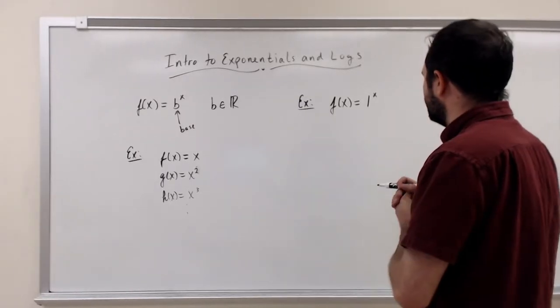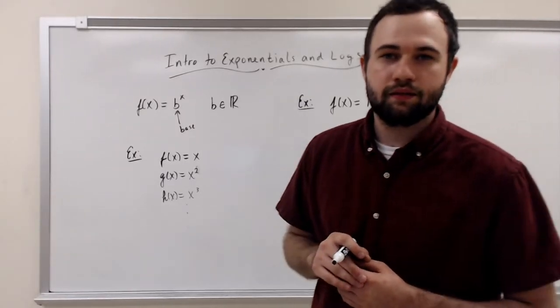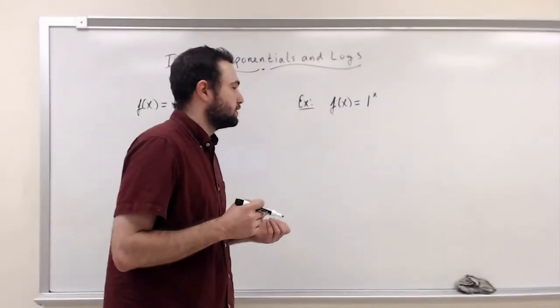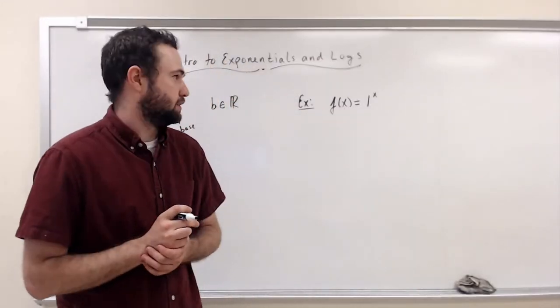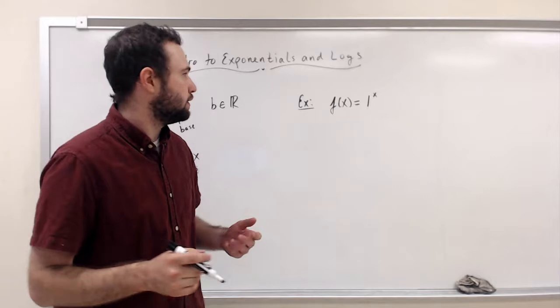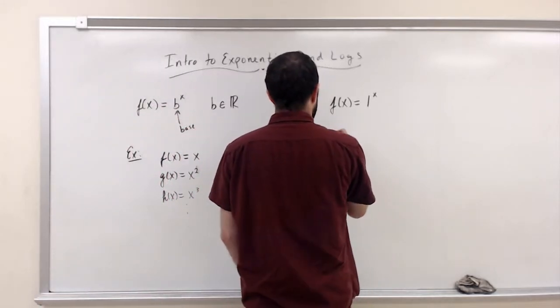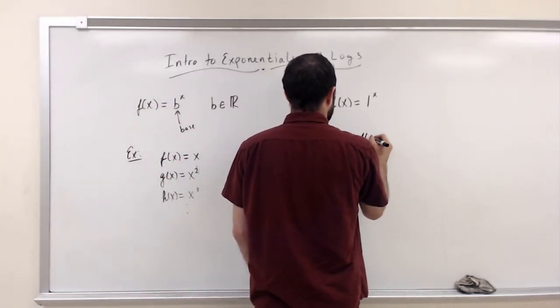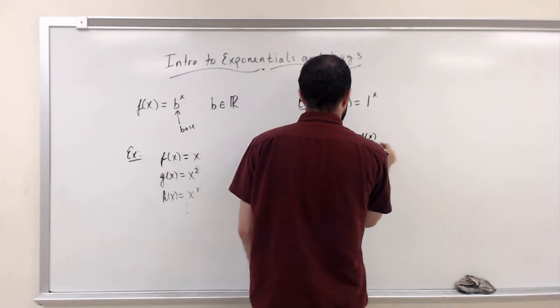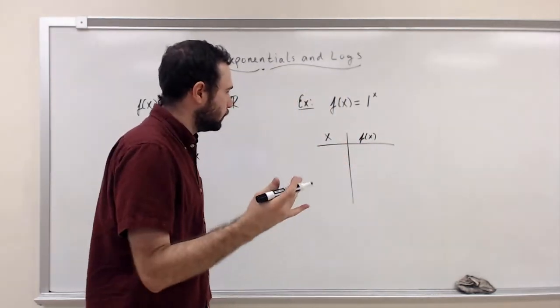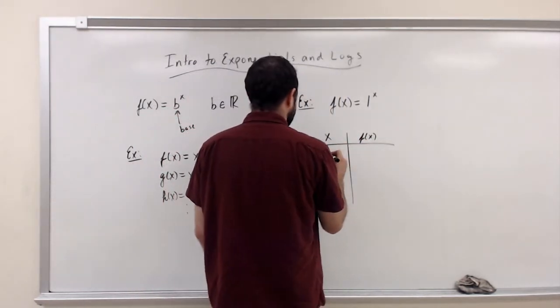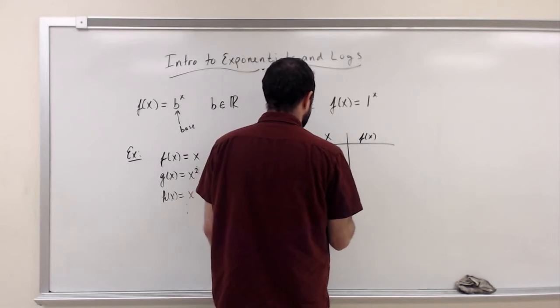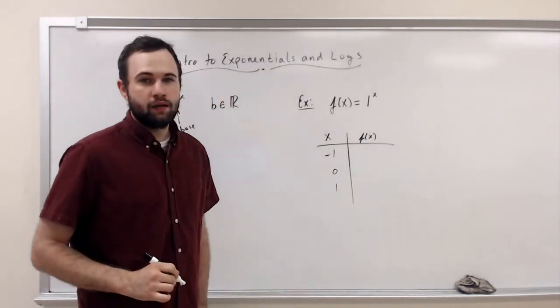Okay, so the reason I call this a pathological case is because something weird is going to happen, right? This is kind of a boring function here because think about it. If we take some x values and we take some f of x values for this function, and we'll just kind of pick a few values. -1, 0, and 1 are always kind of my go-tos.